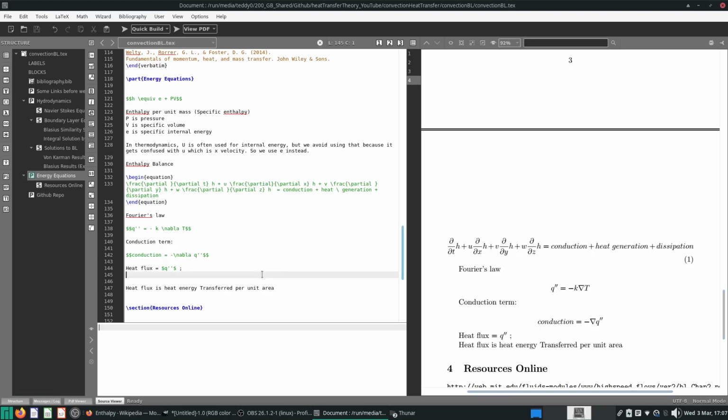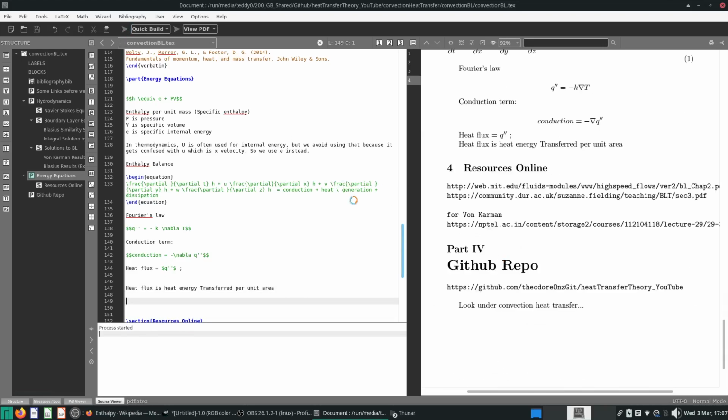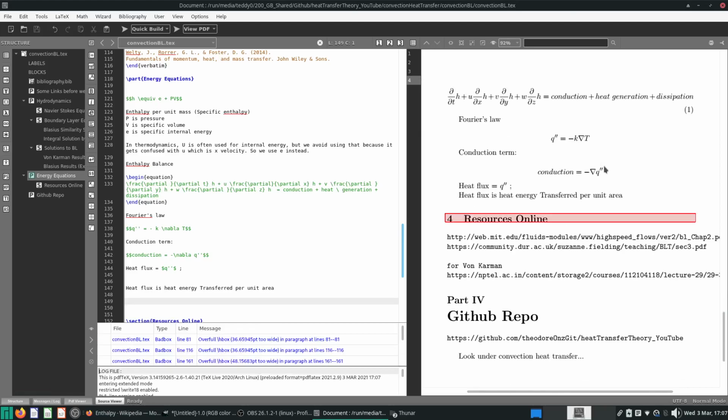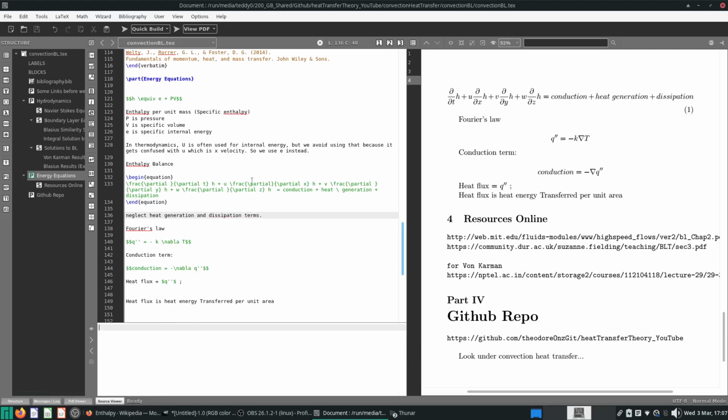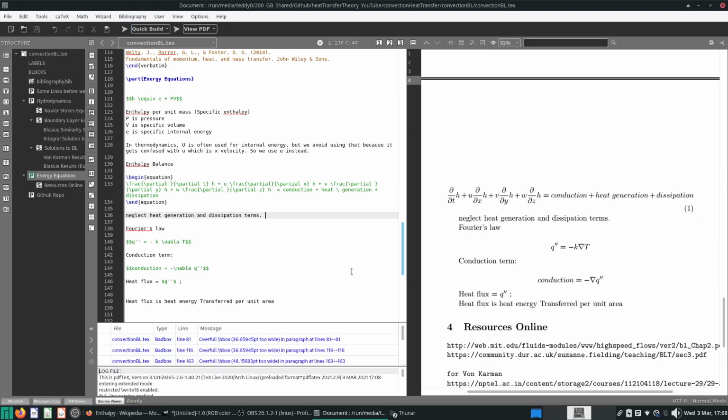So let me put: neglect heat generation and dissipation. This is heat generation per unit volume and dissipation per unit volume. The next thing we want to do is to consider this conduction term.